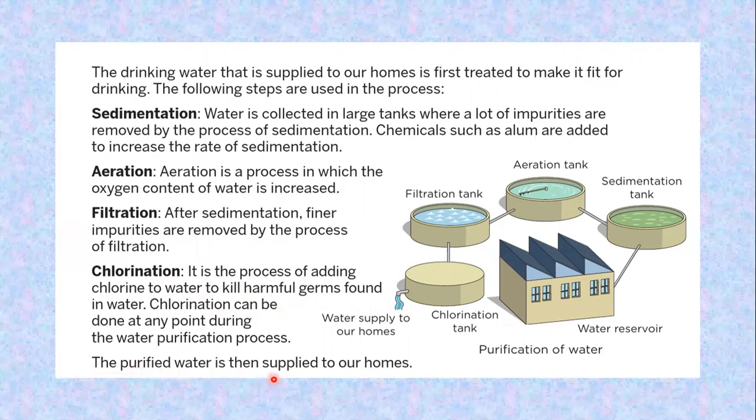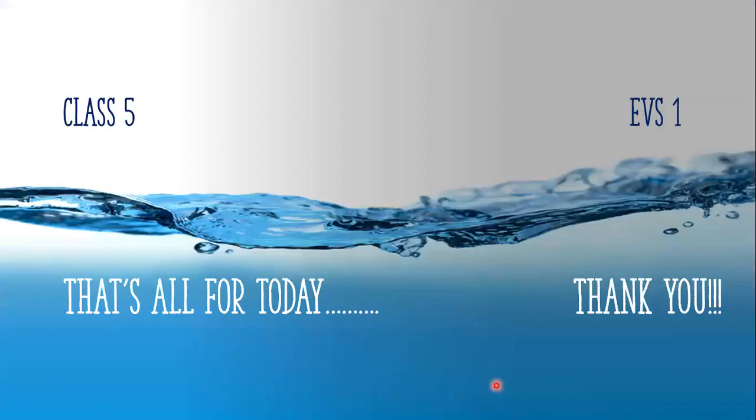And the purified water is then stored in huge tanks, and from those tanks it is sent to our homes by underground pipes. Before we end today's class, one thing more I want to discuss. We use water purifiers at home. When so much water is purified and coming to our home, then why do we need to use water purifiers at home?